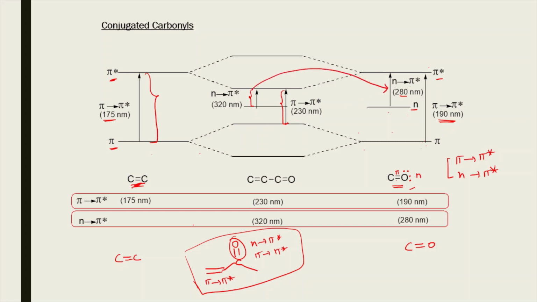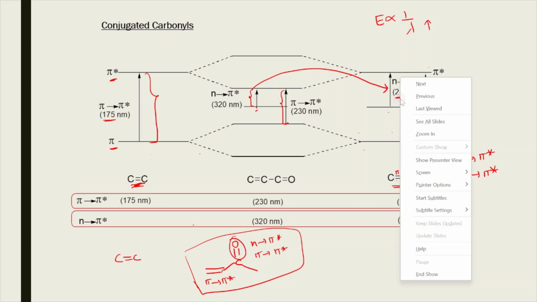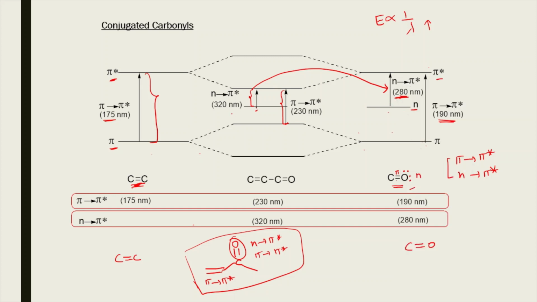So we can see that when the system becomes conjugated, less energy is required for n to pi star. Less energy required means lambda is more. In the isolated system, the n to pi star was 280 nanometer, whereas in the conjugated system, the lambda increased and became 320 nanometer.